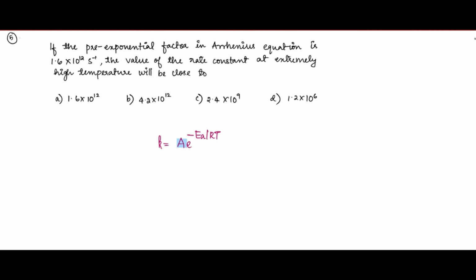You will put T is equal to infinity. So put T is equal to infinity and try. So Ea by R into infinity. What will happen to the exponential term, and what is the value of k?